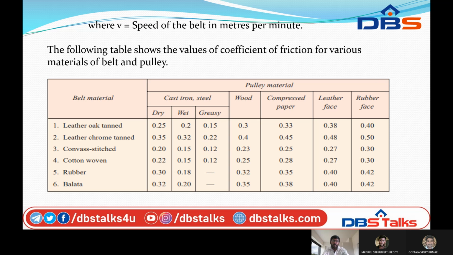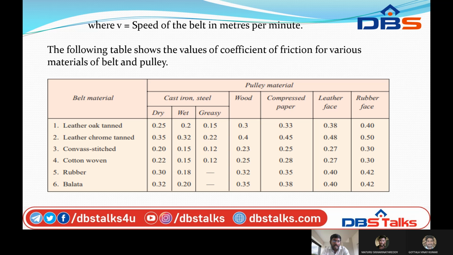Next, leather chrome tan. For leather chrome tan, the pulley materials are cast iron or steel: dry 0.35, wet 0.32, greasy 0.22, wood 0.4, compressed paper 0.45, leather face 0.48, rubber face 0.50.